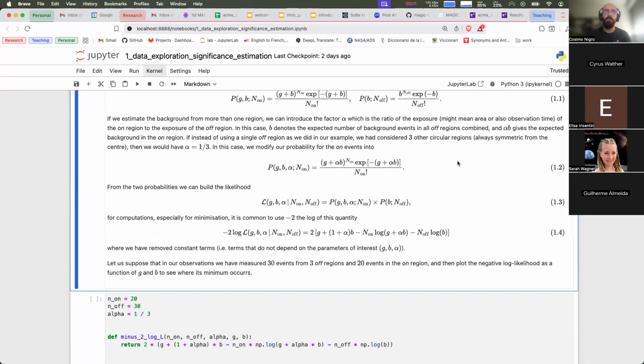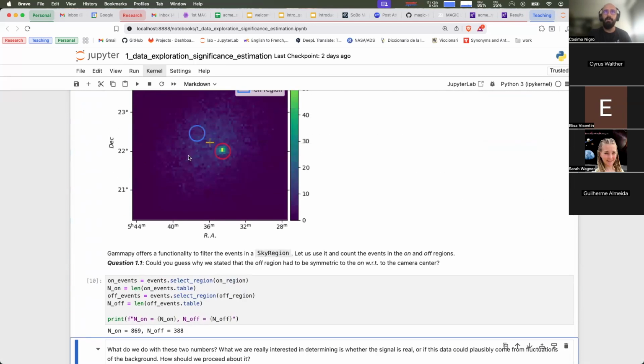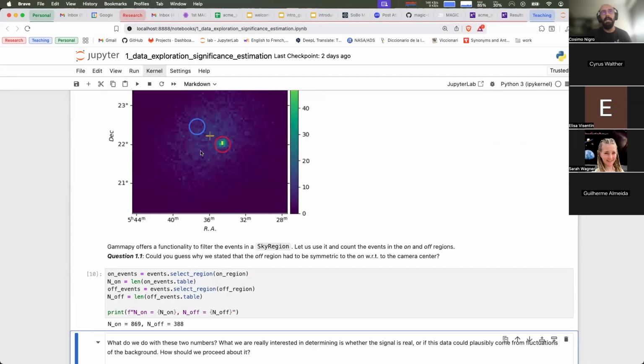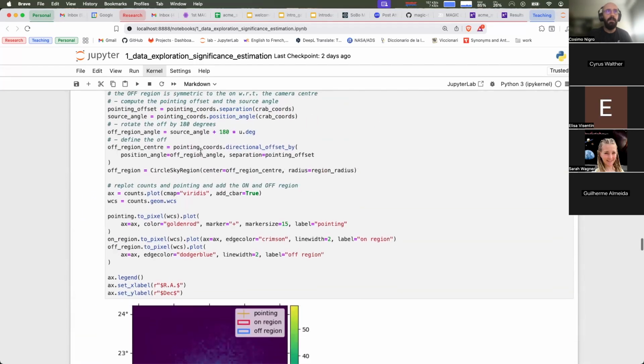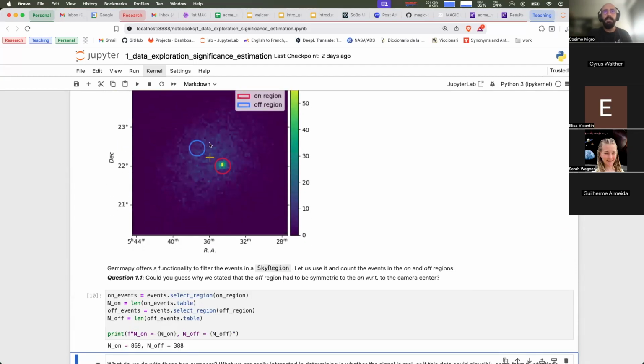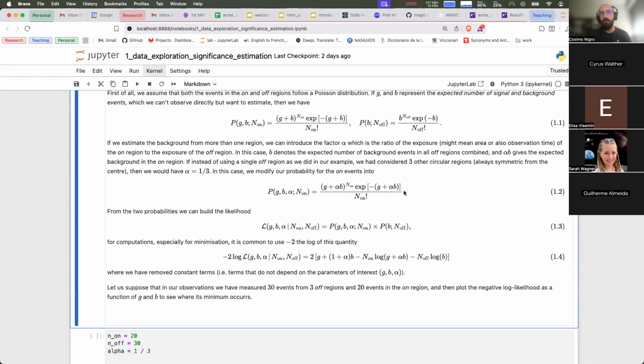Exposures might mean both time or area, let's say. So in case you would be using 3 off regions, okay, 2 more off regions, then in that case, you would have 3 times the exposure in the off region, okay? So this alpha factor is just a correction.